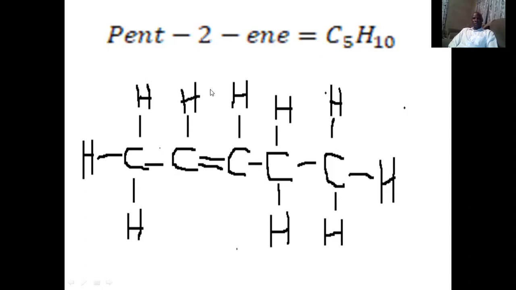There will be 10 of them. 1, 2, 3, 4, 5, 6, 7, 8, 9, 10. And so this is on carbon number 2. So when you're reading it, you say pent-2-ene. Even if you bring it from this other side, you start from here, it will still be on carbon number 2.